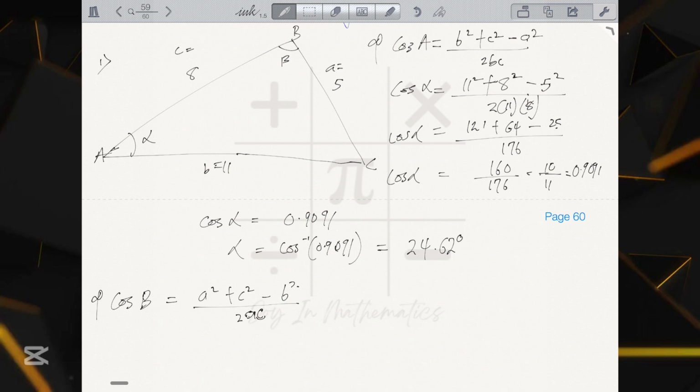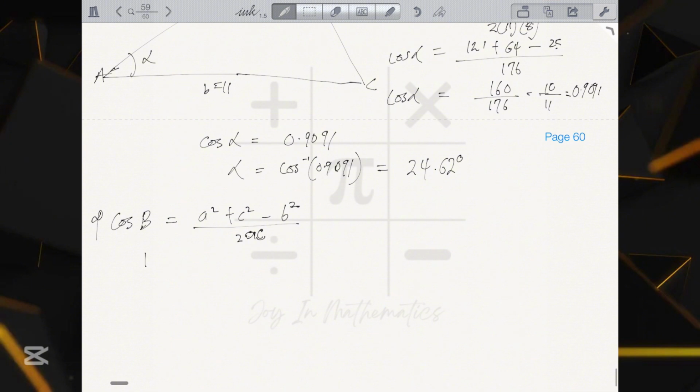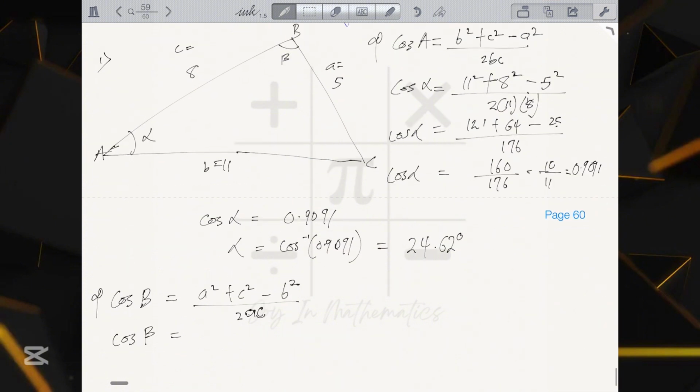So let's make our substitution now. B is beta. So cos beta, with our A in the question, is equal to 5 squared, our C in the question is 8 squared, and B is 11 squared, divided by 2 times 5 times 8.